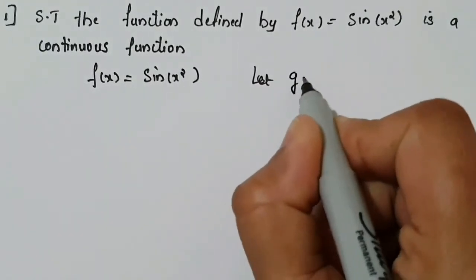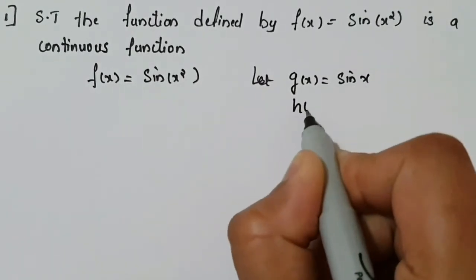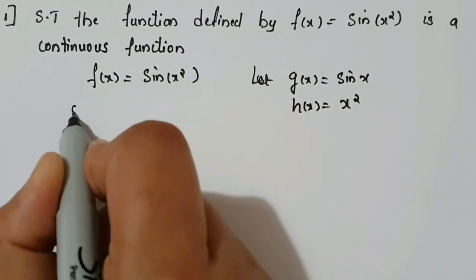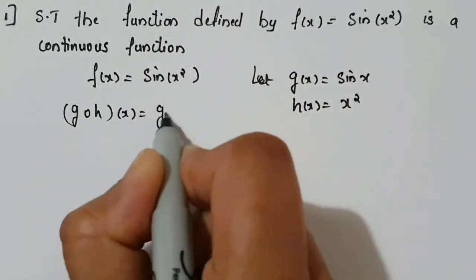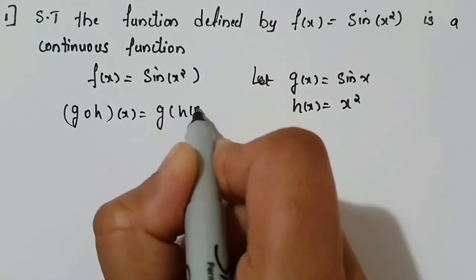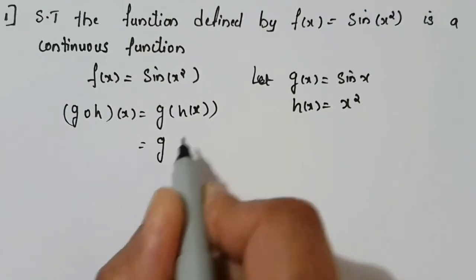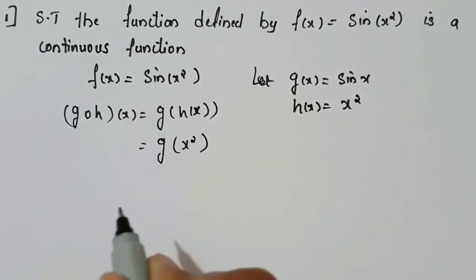Let g of x equal sin x and h of x equal x square. We have g of h of x, which is g of, what is h of x here? This is x square.